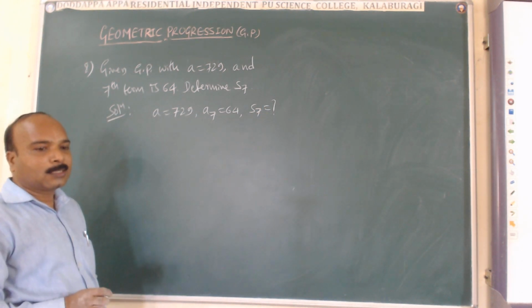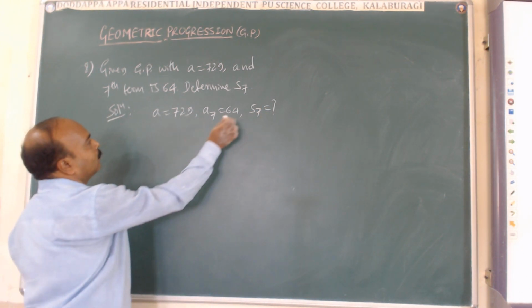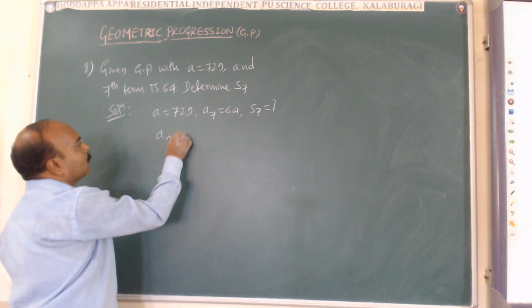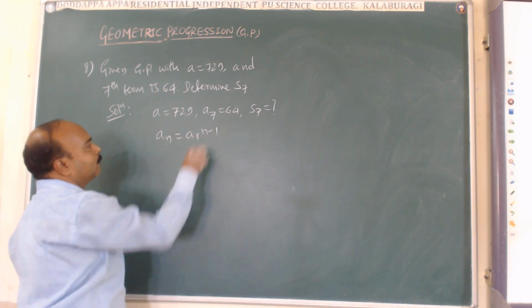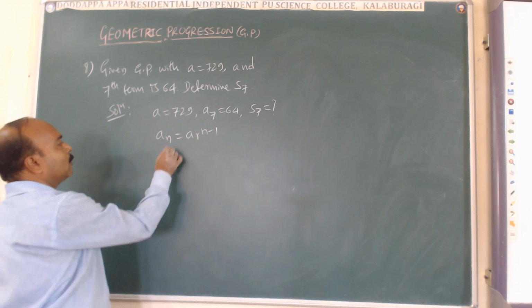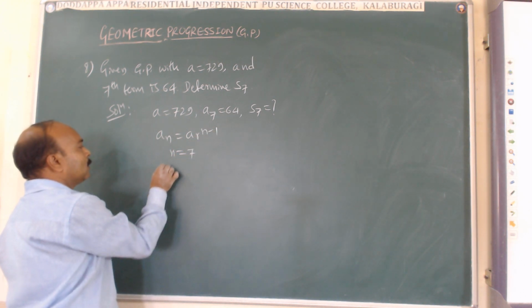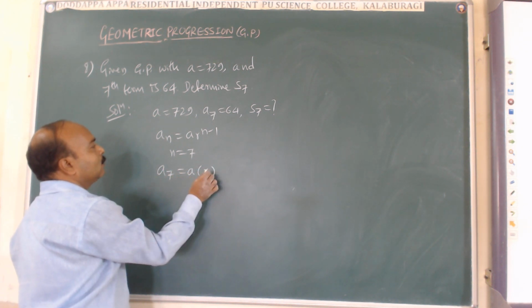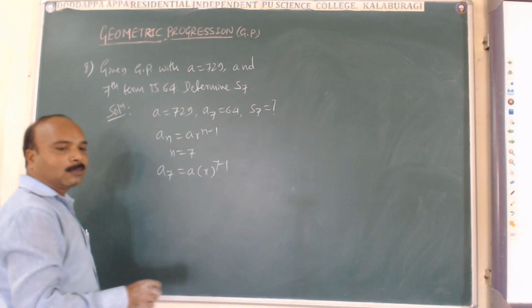The sum to 7 terms of this GP. Now first we can use the formula an = a r^(n-1). If you put n equal to 7, we get a7 = a r^(7-1).